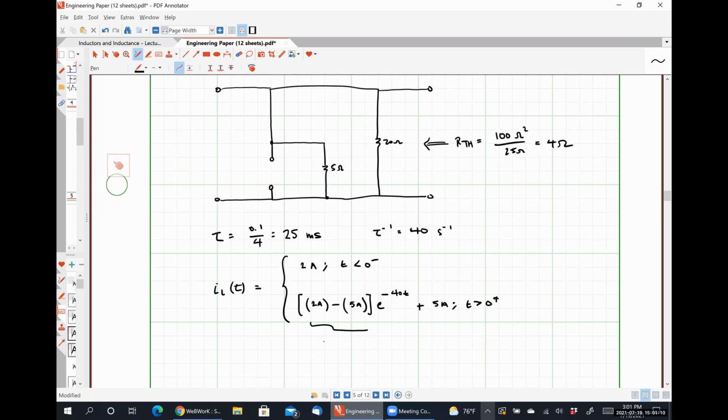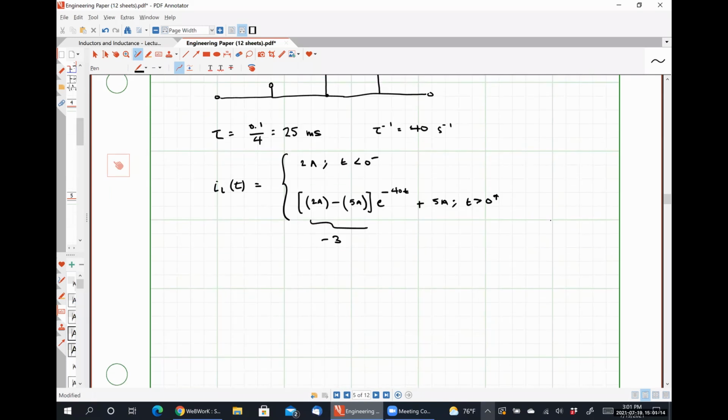Where these guys together just look like -3. So we could say more easily then that we would have 2 amps for t less than 0 minus and -3 e to the minus 40t plus 5 amps for t greater than 0 plus.